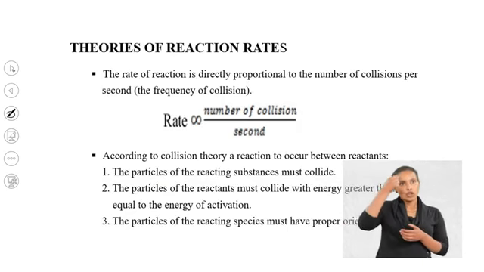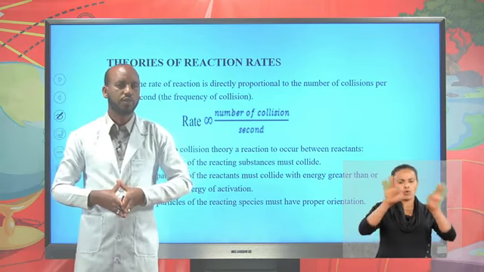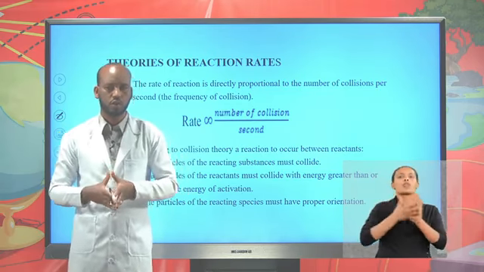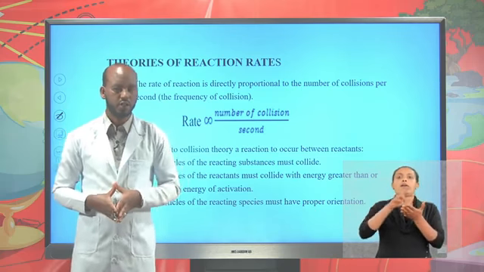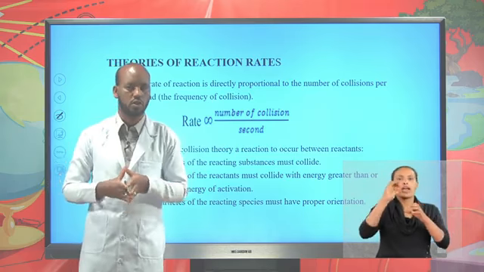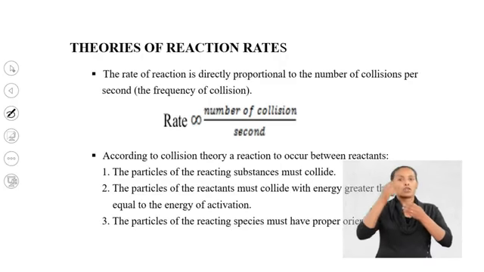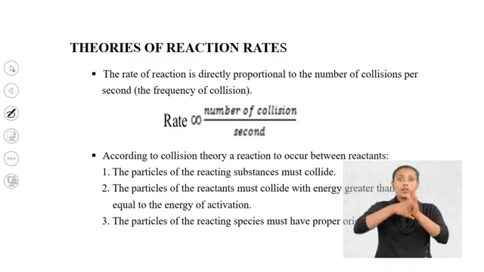Theories of reaction rates. The two important theories of reaction rates which help us to understand rate of the reaction are collision theory and transition state theory. The rate of reaction is directly proportional to the number of collisions per second, or the frequency of collision.